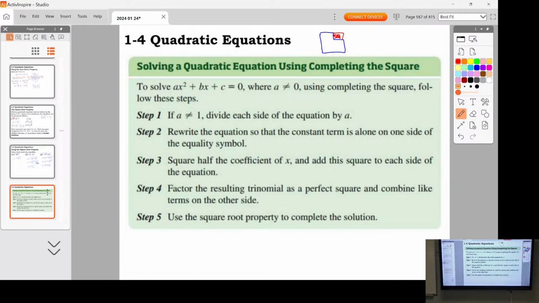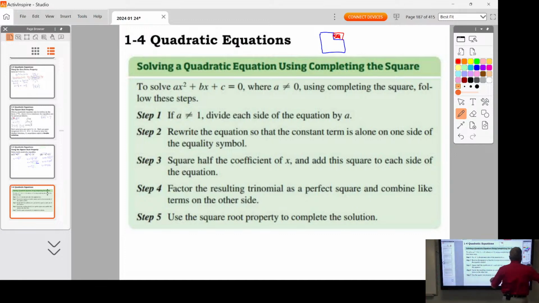State the obvious. I added a piece. In algebra, to complete the square, you will always add something. That's how you complete the square. To complete the square, you add something, correct?